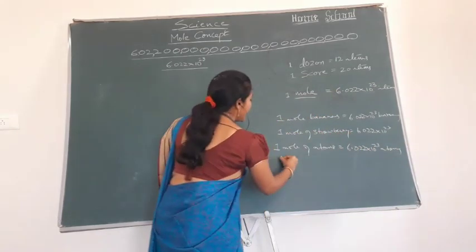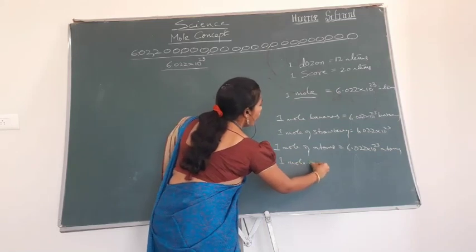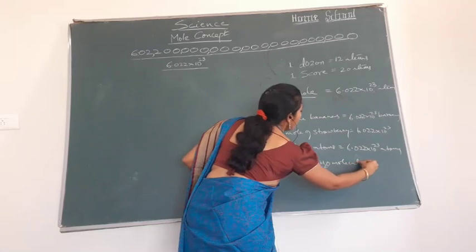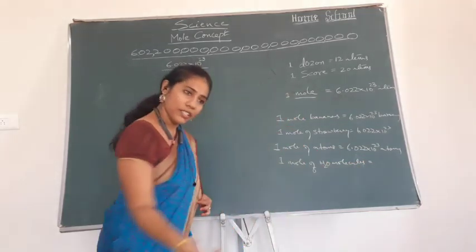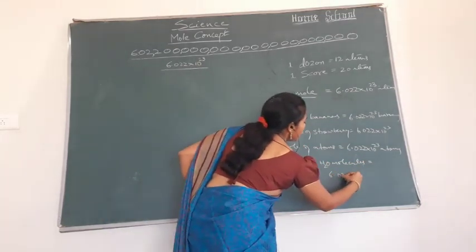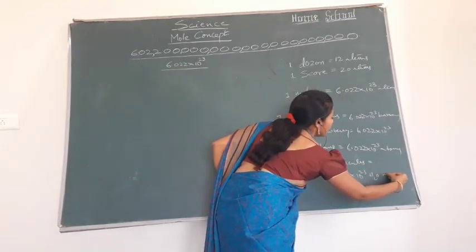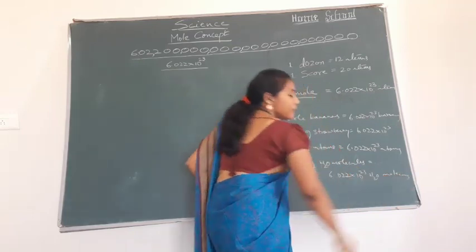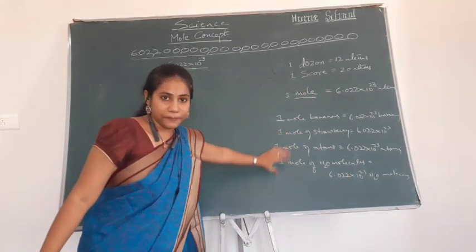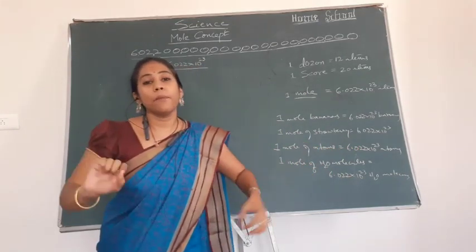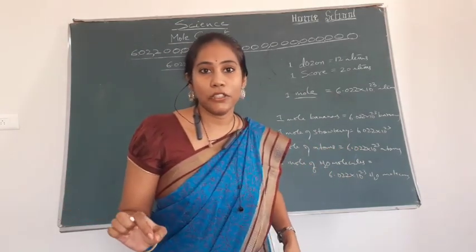When I say 1 mole of water molecules, how much is it? 6.022 into 10 to the power of 23 water molecules. So this is how you should connect. Clear, everybody? The meaning of 1 mole is very important to understand here.